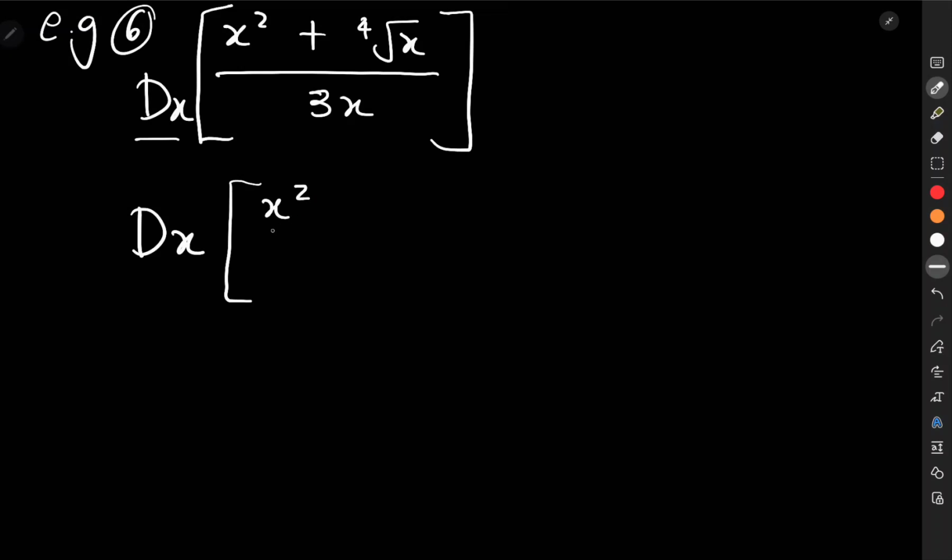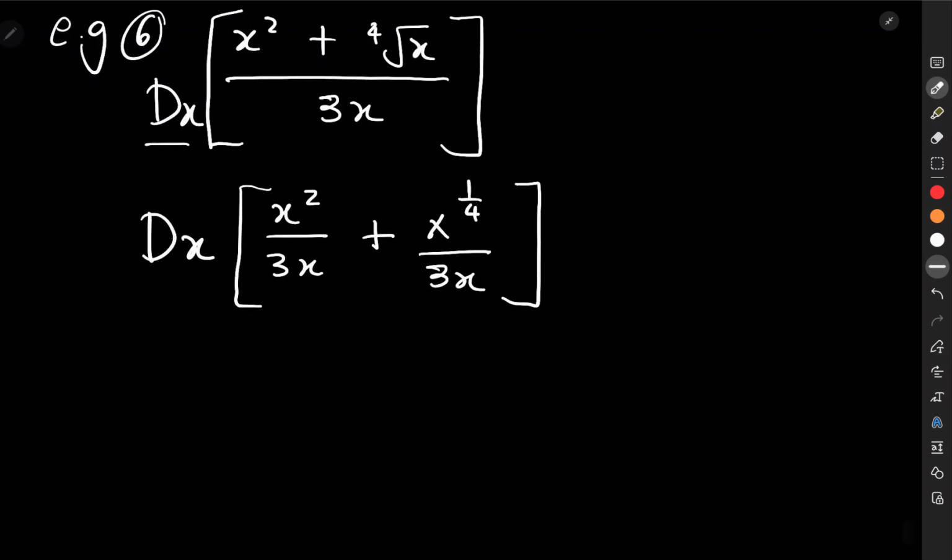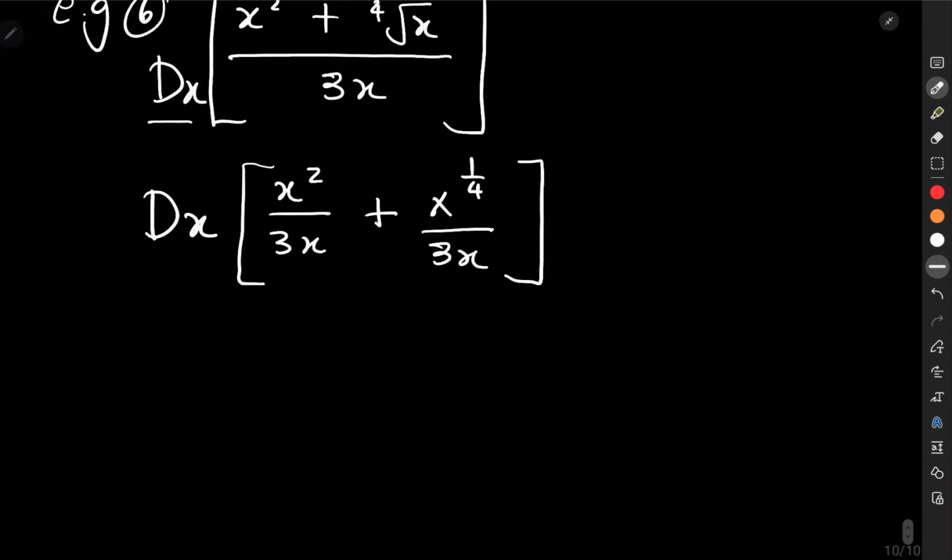So here we have x squared over 3x plus, and instead of me writing that as a fourth root of x, I'm going to rewrite that as x to the power of 1 over 4, all over 3x. And to simplify this further, I have dx. And then here, these will cancel.